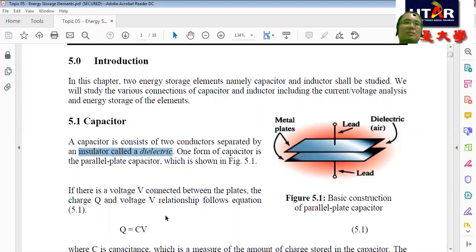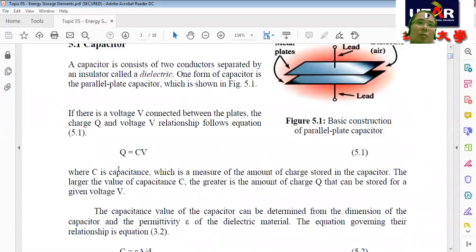If the voltage between the two plates is V, and the capacitance is C, then the charge in the capacitor is given by Q equals CV. We mean that the charge equals CV, where C is the capacitance, which is a measure of the amount of charge stored in the capacitor. The larger the value of capacitance C, the greater will be the amount of Q that can be stored for a given voltage V.